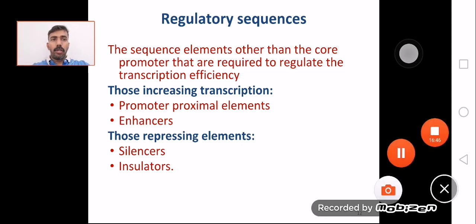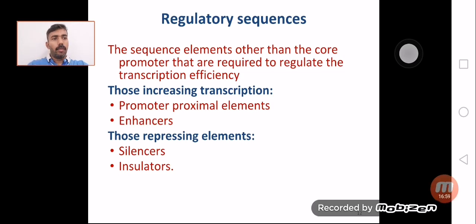Now we will be moving into the regulatory sequences, which are also important. As already noted in the beginning, these are very important sequences for the regulation of transcription in eukaryotes. Eukaryotic transcription efficiency is not only under the regulation of the promoter sequences, which we already discussed, but also additional sequences that we call regulatory sequences.